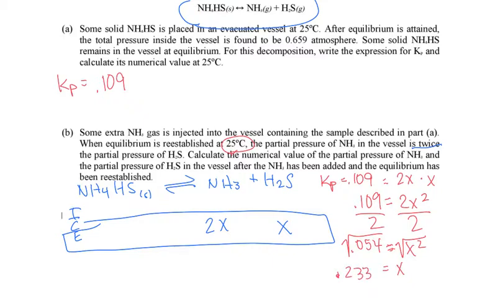Alright, so when we plug that back in, H2S partial pressure is going to be 0.233 atmospheres. And the partial pressure of ammonia, we would then need to multiply it times 2. So 0.233 times 2 is 0.466. And there we have the partial pressures of each of these substances at equilibrium.